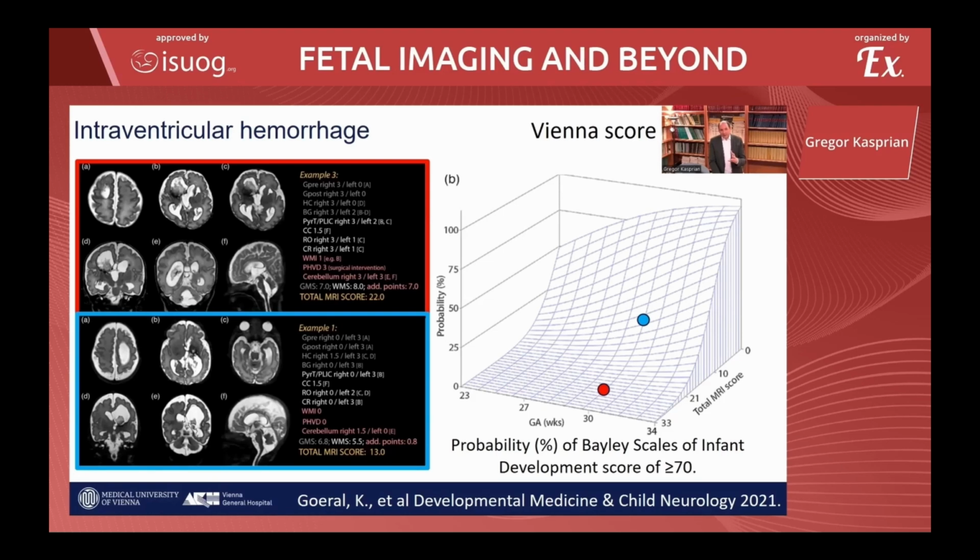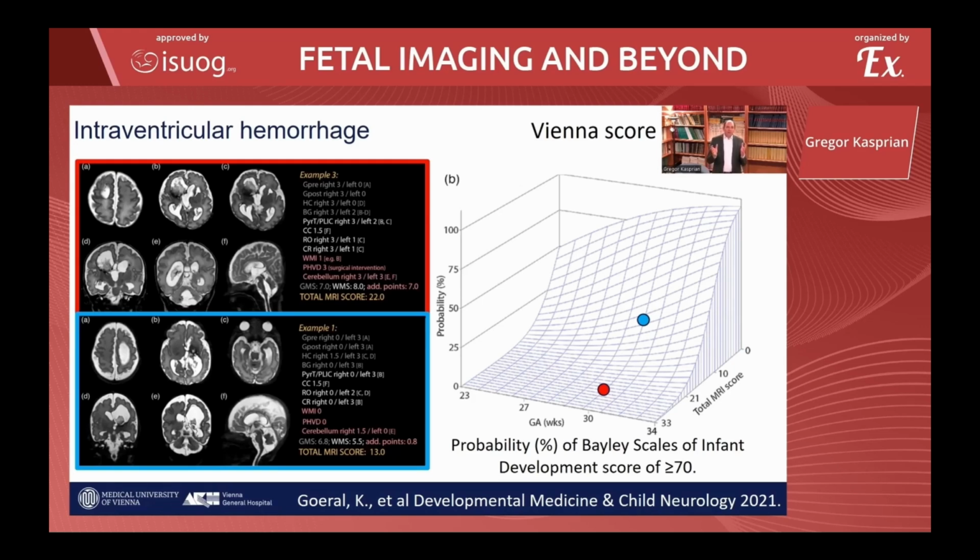Both, and that I would like to emphasize, would have, of course, been scored as Papile grade 4. And also this scoring system was documenting and proving that it is absolutely superior to the Papile grading.